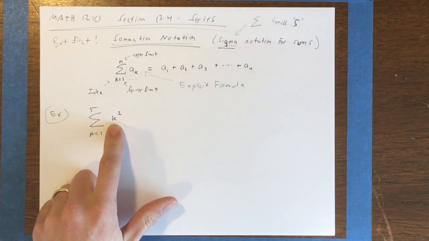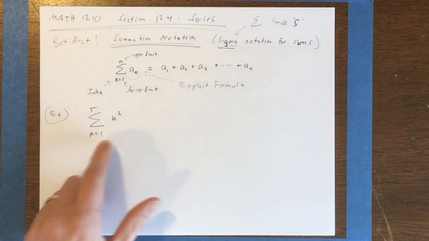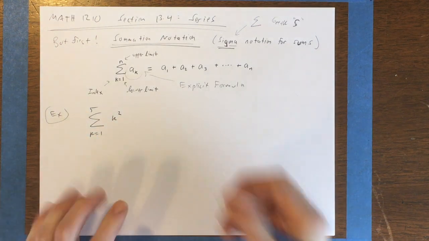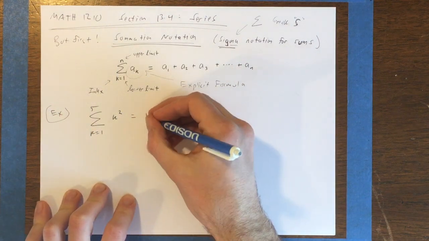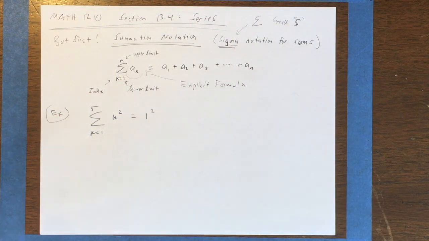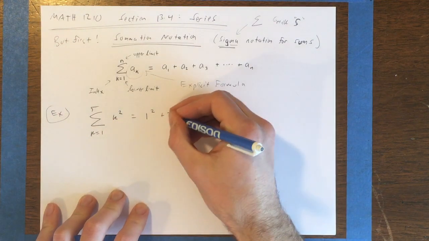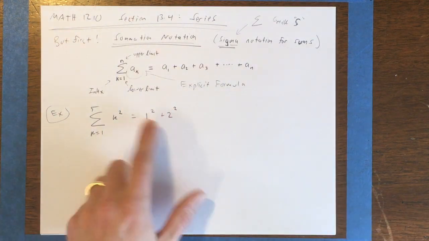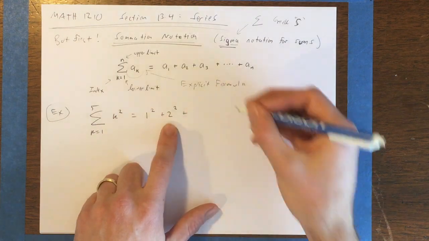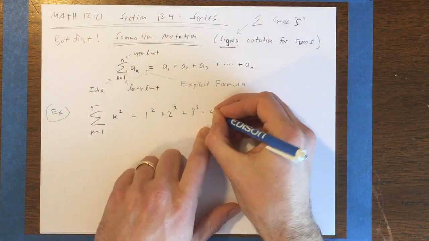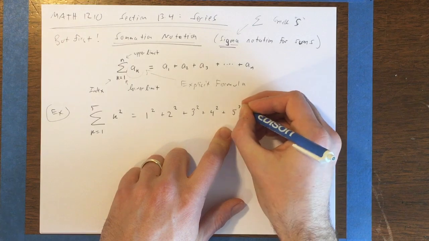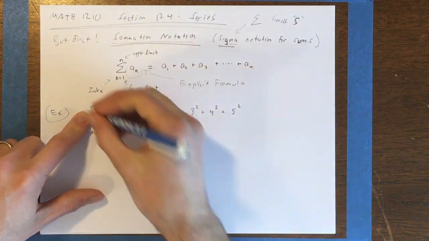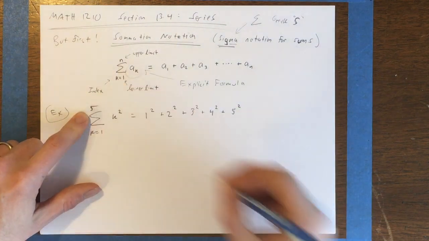That is an explicit formula for a sequence in terms of k. It says start at 1 and go all the way up to 5. So we write 1 squared, that's a_1, the first term defined by the k squared formula. Plus 2 squared, the second term. And then plus 3 squared and plus 4 squared. And we stop when we get to 5 squared, because 5 is the upper limit of summation.